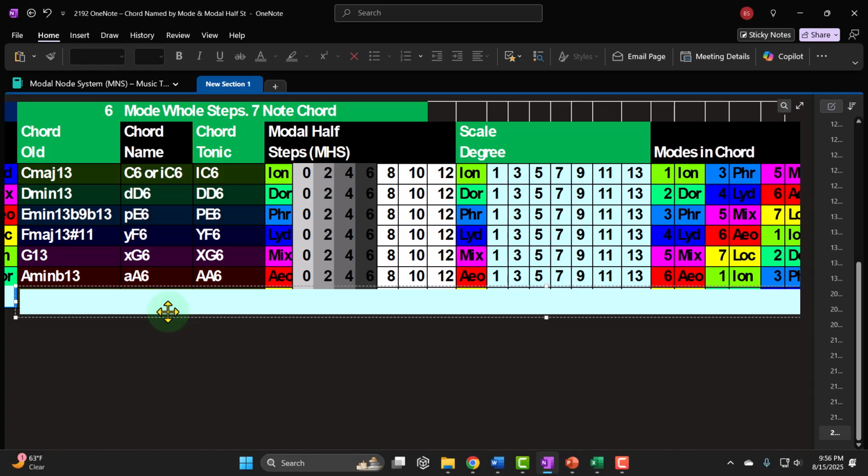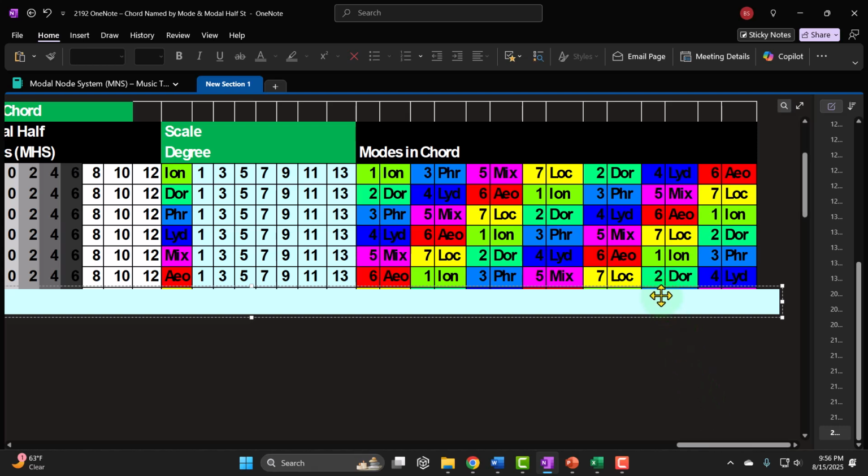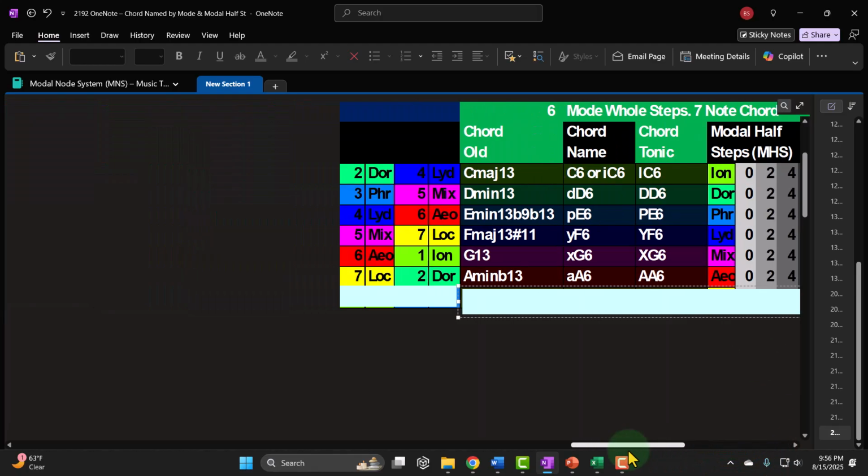The 6 represents modal whole steps from the Aeolian node. 6 times 2 would be 12 modal half steps, plus 1 would be the 13th scale degree that we would be naming the chord off of. In other words, we left off last time on the 2 Dorian, plus another 2 gets us to the 4. We're naming the chord off of the Lydian that we will be holding down, which is 12 modal half steps up or 13 scale degrees, which is equivalent from a local distance to the 6 scale degree.